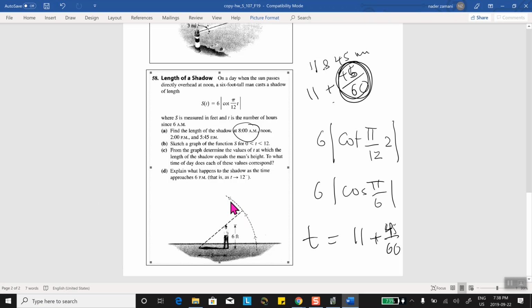Okay, so at the dawn and at the sunset. So at the dawn when t is 0, and at the sunset when t is 12, after 12 hours, the guy's shadow becomes extremely large, and that's what this graph is predicting.